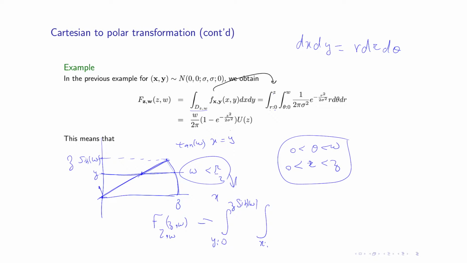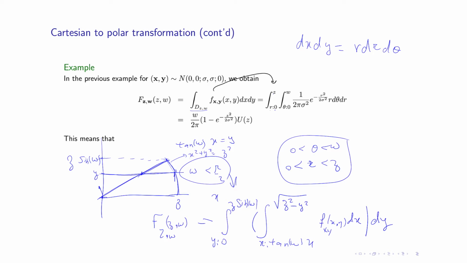So the lowest value of x is y over tangent of w, and the maximum value is on the circle, where x squared plus y squared is equal to z squared. So x can be calculated as the square root of z squared minus y squared. Then you write f_XY(x,y), calculate the integration with respect to x, and once this integral is done, you integrate with respect to y.